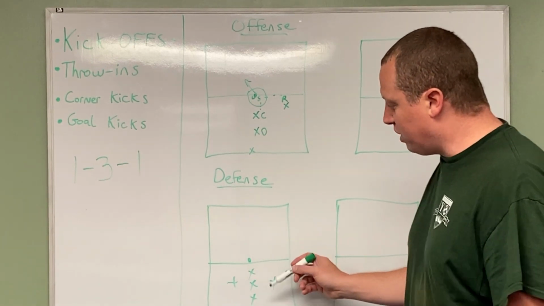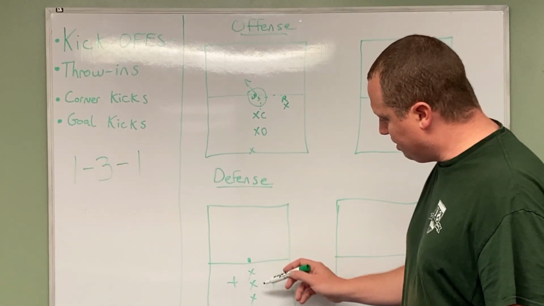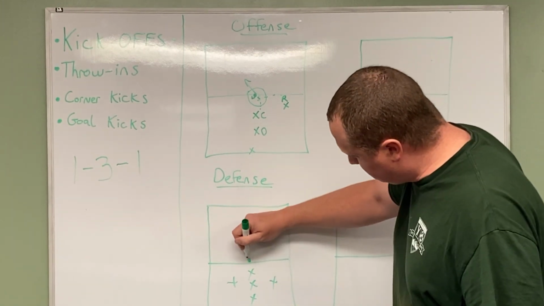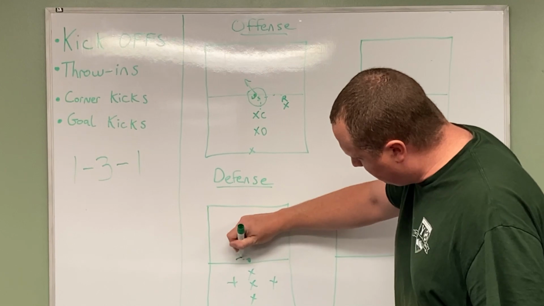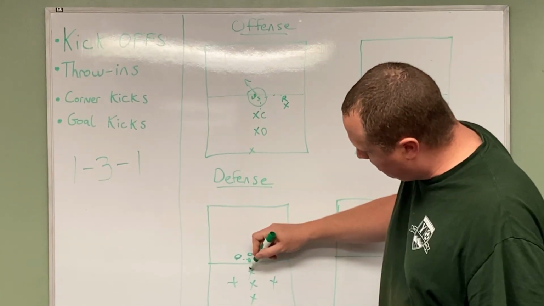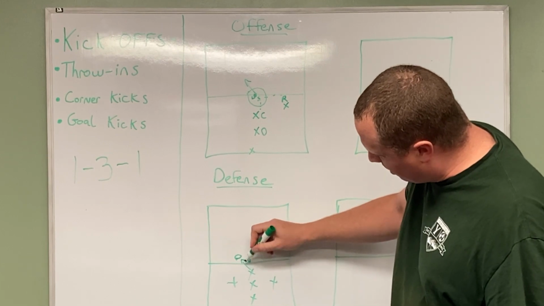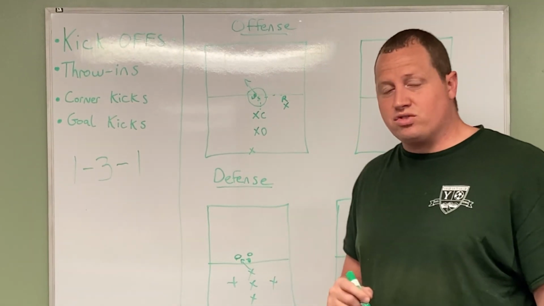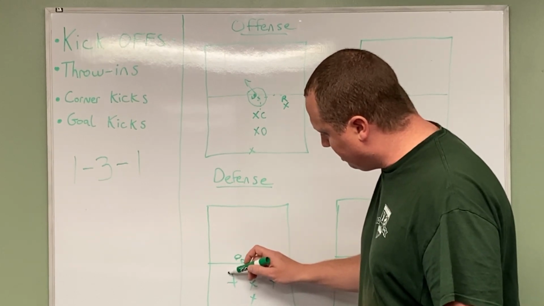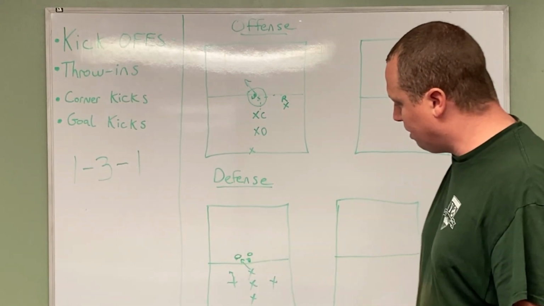The reason why we want to do this on a kickoff is there's not anywhere for the other team to go. So once this ball gets kicked in to the other team, let's say this is the other team right here, I want the striker to run up there and start hounding them and start giving them pressure. And if the ball's on this side, then obviously the left mid's going to give support too.